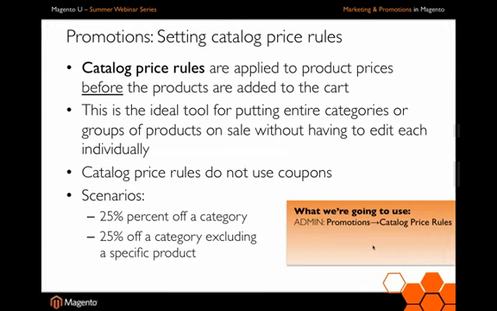With catalog price rules, what they allow you to do is to create a rule for when discounting will be applied, so that you don't have to go to each individual product and change the price.